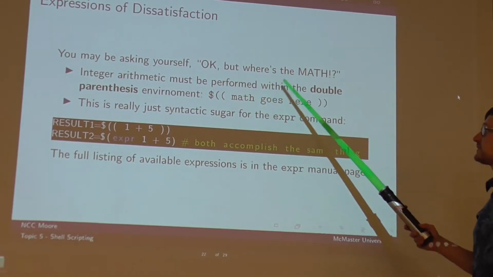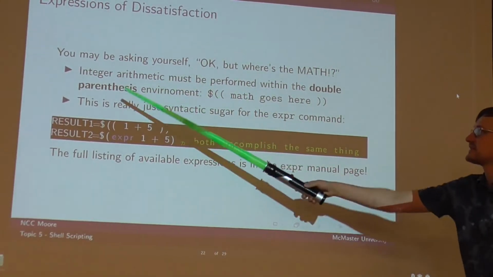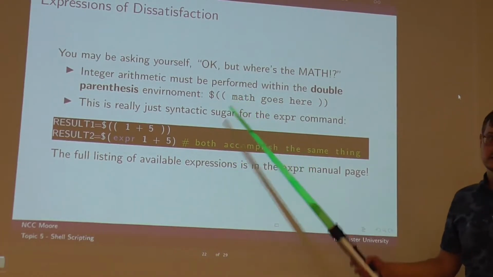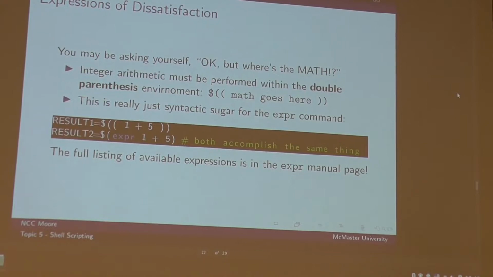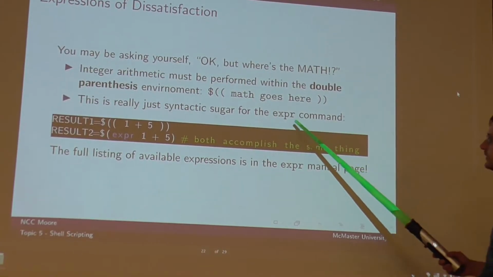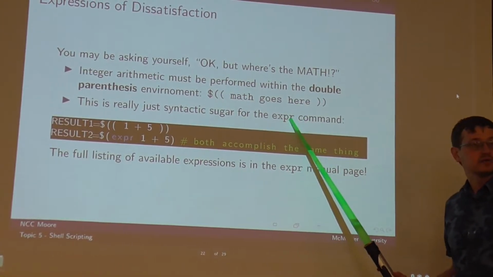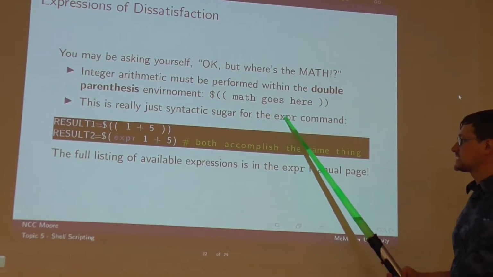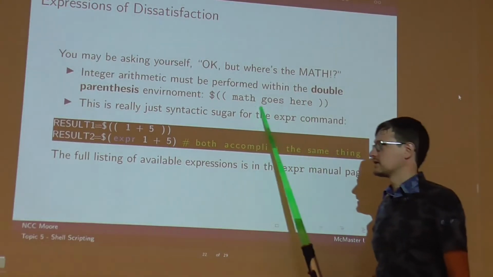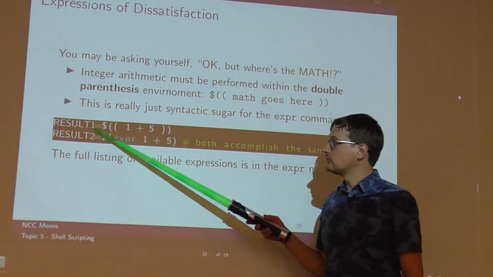Integer arithmetic must be performed within the double parenthesis environment. So similar to variable capture, but you use two parentheses instead of one. This is actually syntactic sugar for another command which performs arithmetic expressions: expr.